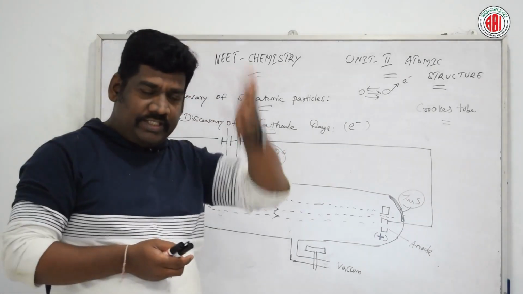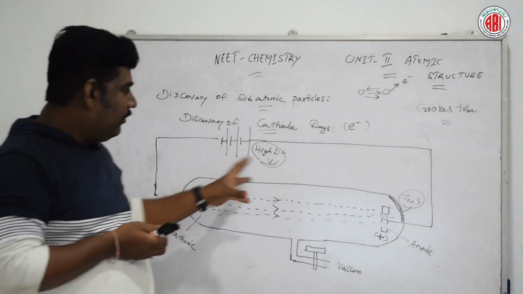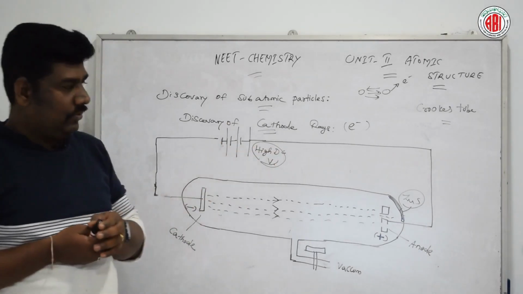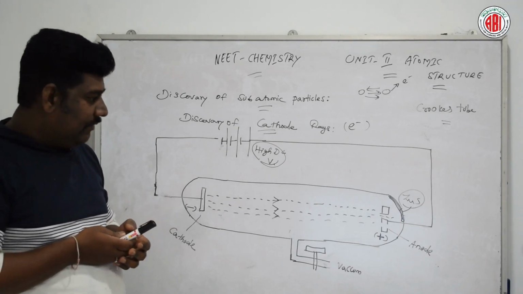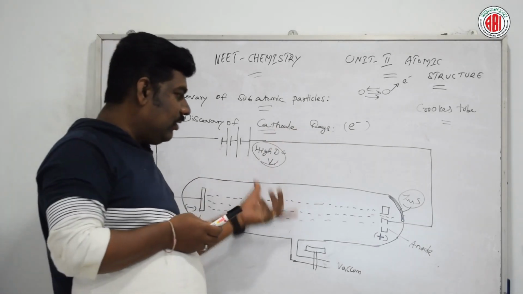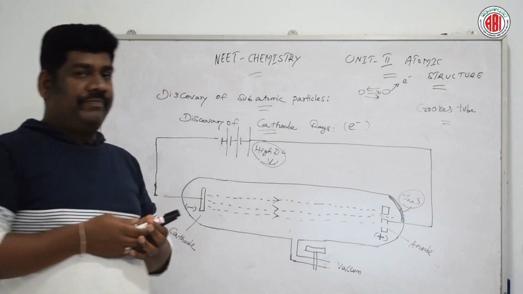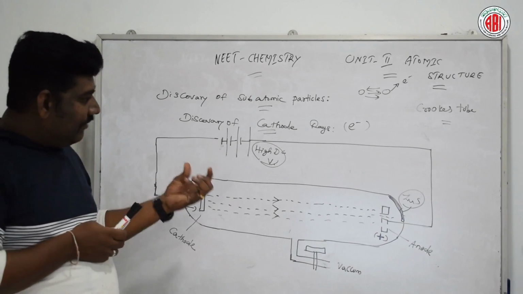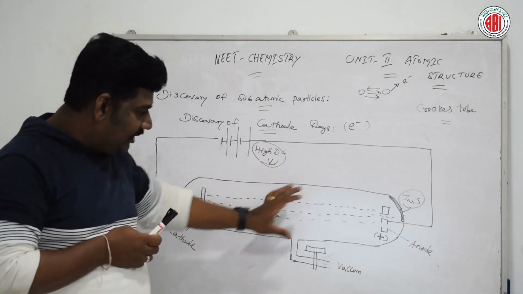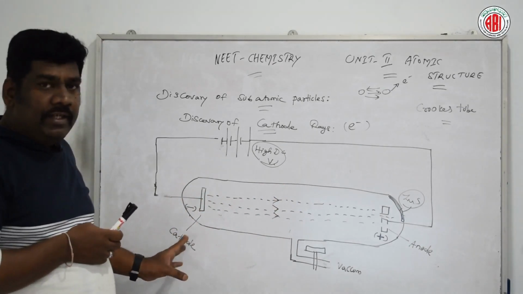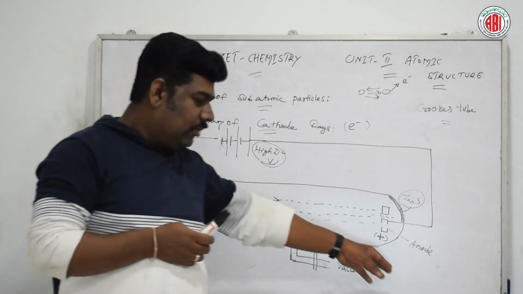Next question: we discussed the discovery of cathode rays, then what do you mean by electron? What is the relation between the electron and cathode rays? We should know the characteristic features of the cathode rays emerging from the cathode electrode to the anode electrode.